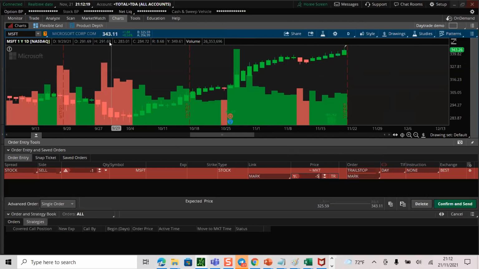Imagine you bought it at 343, and by the time the market opens the stock goes to 338. Okay, if it goes to 338, your stop trailing loss will just get executed because the stock went down minus 5 points, minus like $5, right?